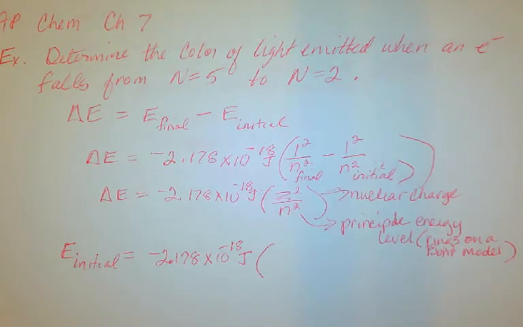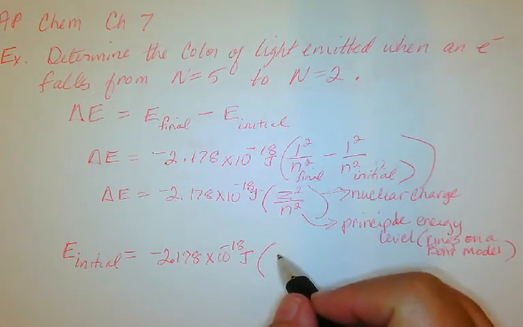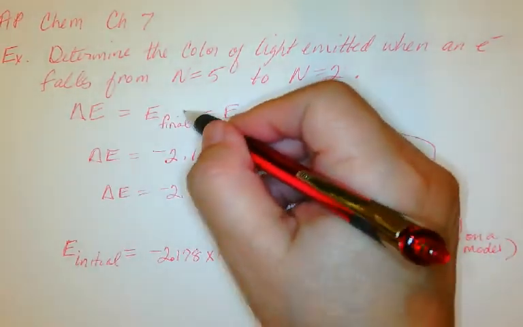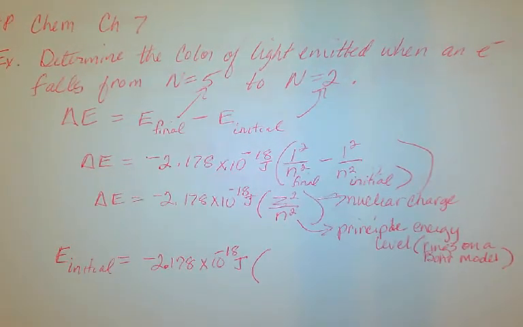Okay, so this is asking how much will be emitted. We have a total of the initial state is going to be this, and our final state was here. Yes, that's how much would be emitted if it actually fell. But again, we're going to go with what was its initial state, what is its final state.